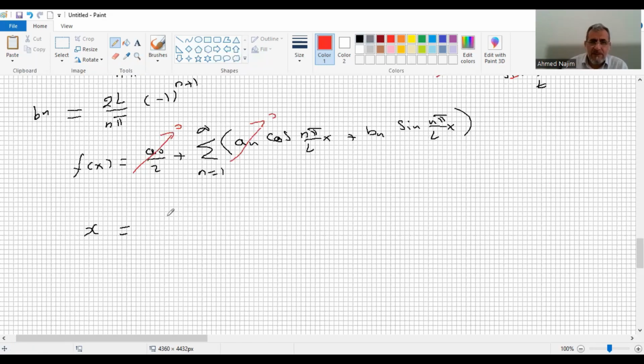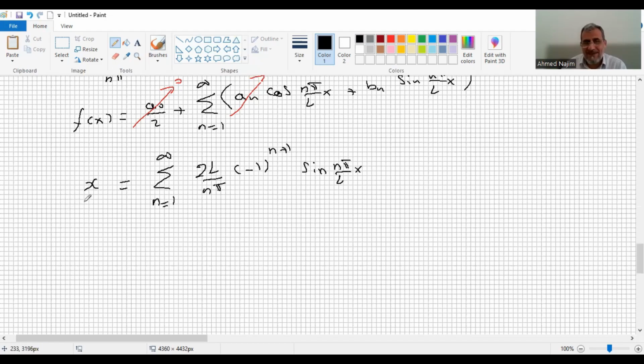So that means it is equal to sigma, n from 1 to infinity, Bn is 2 L over n pi, negative 1 to the power n plus 1, sine n pi x over L. So this is the Fourier series for x. x equals sigma from 1 to infinity of Bn, which is 2 L over n pi, negative 1 to the power n plus 1, sine n pi x over L.